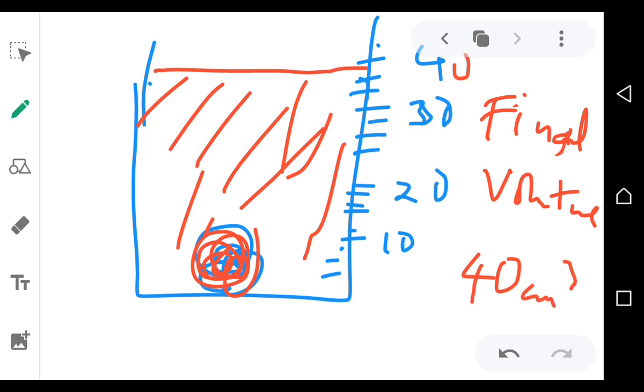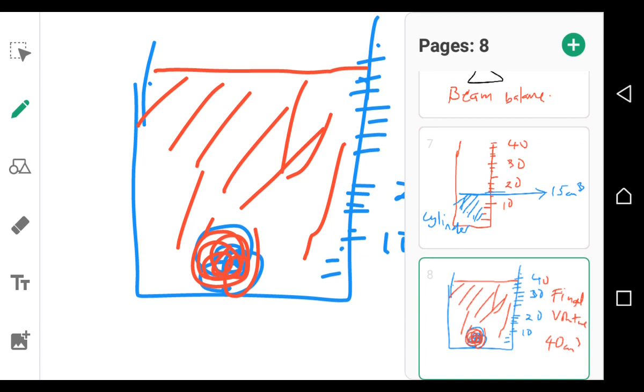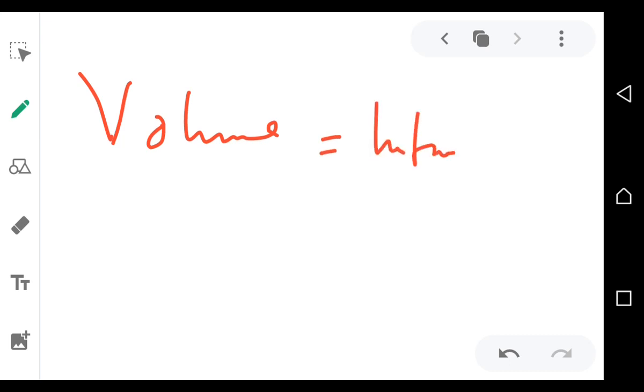How do you find the density? The volume of this stone is final minus initial. First we find the volume of the stone. The volume of the stone is equal to final volume minus initial volume.